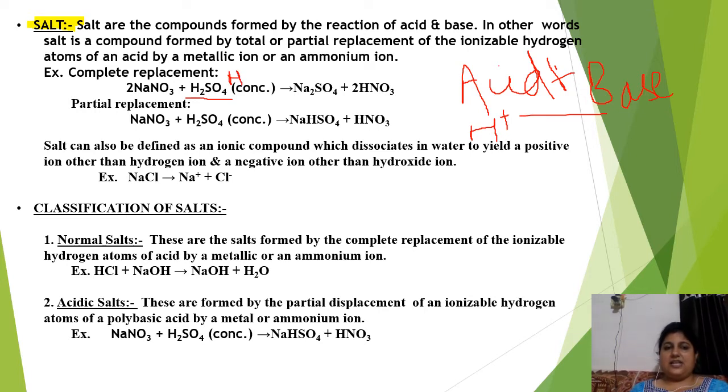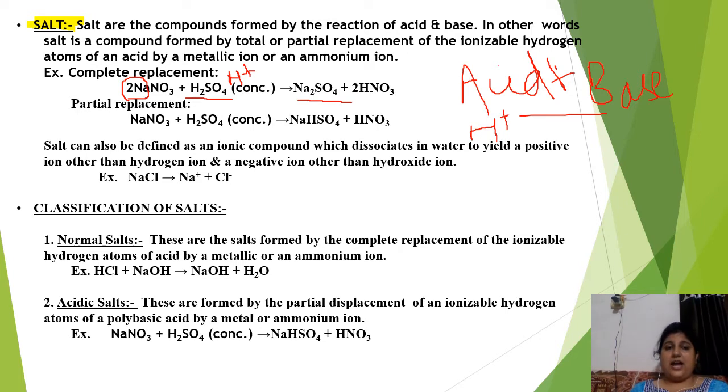When its H ion is replaced by the sodium ion of another compound, it results in the formation of salt. ठीक है? This is an example of a double displacement reaction.